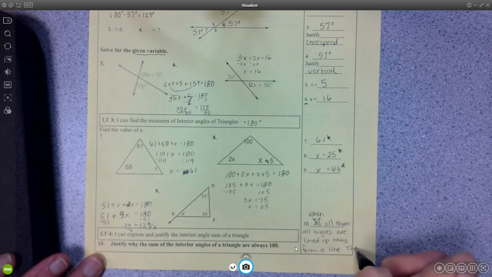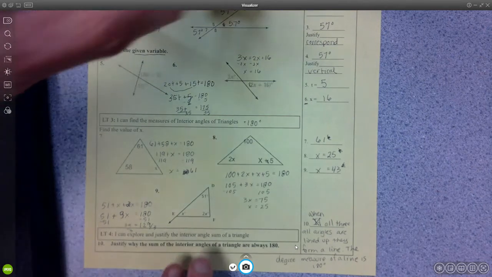The degree measure of a line is 180 degrees. So that's how we proved that all the angles are equal to 180 when you add them together. Okay.